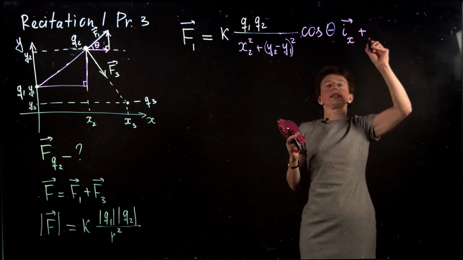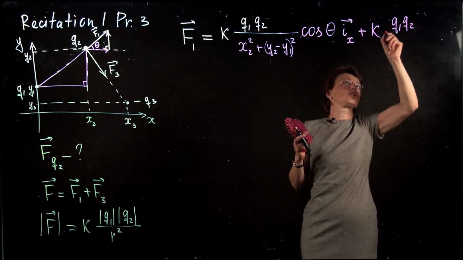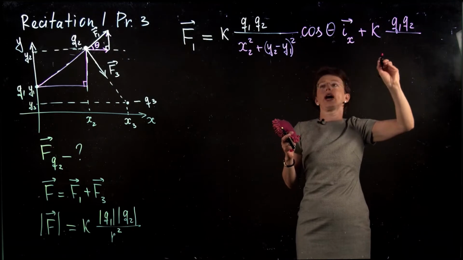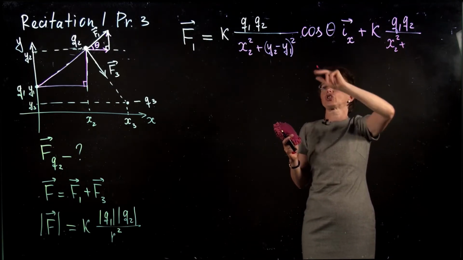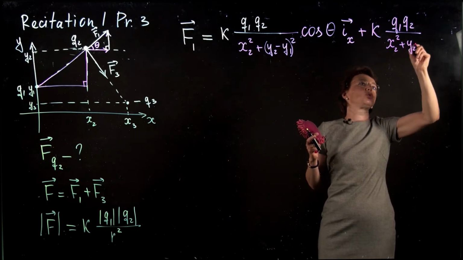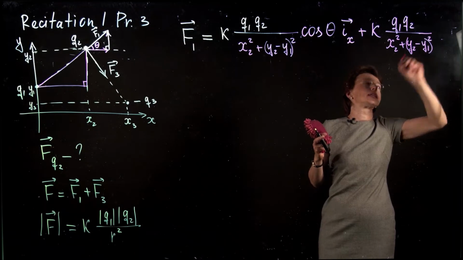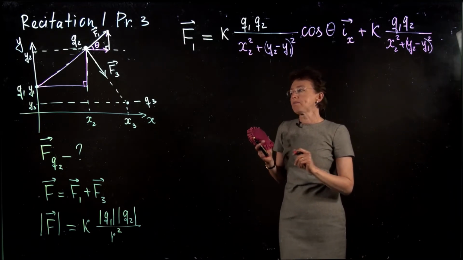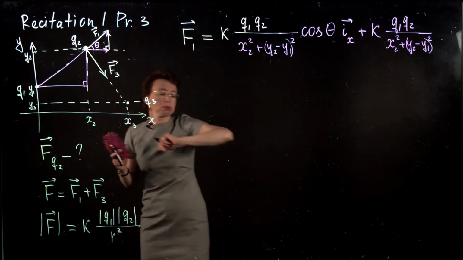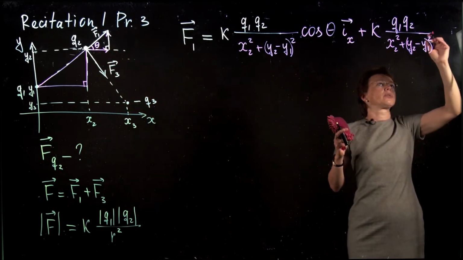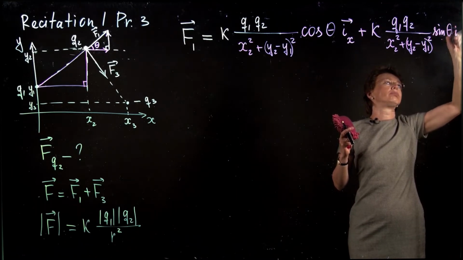I put plus K, Q1, Q2, divided by the distance between them squared, which is x2 squared plus y2 minus y1 squared. And for the y component, I need to multiply by sine theta. So I have sine theta, F1y.